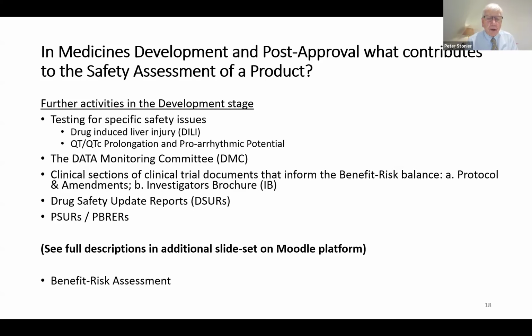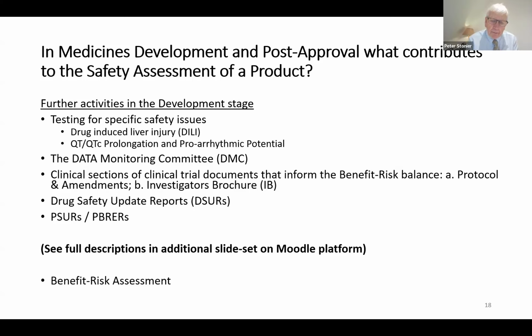Clinical sections of clinical trial documents that inform the benefit risk balance are also extremely important, particularly the protocol and its amendments. And secondly, the investigator's brochure, which is a very important document in the pre-licensing phase for accumulating all the evidence from the preclinical work and all the safety data that emerges. And then we have, as we've said already, the drug safety update reports and the PSURs and PBRs.